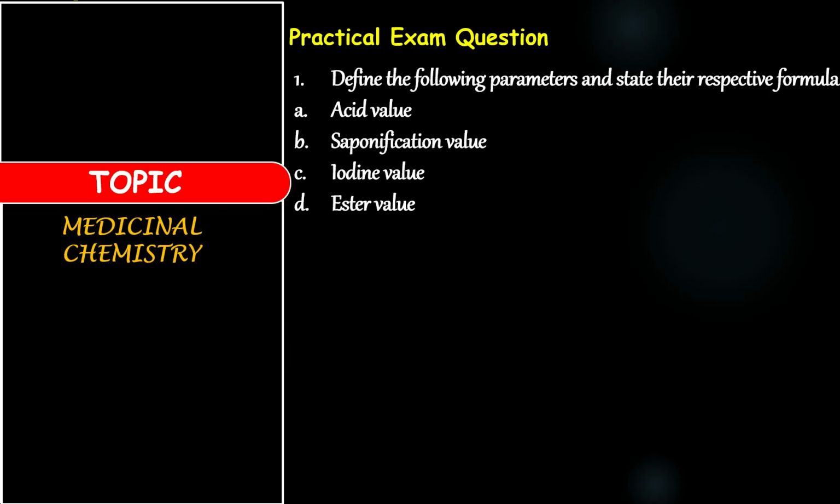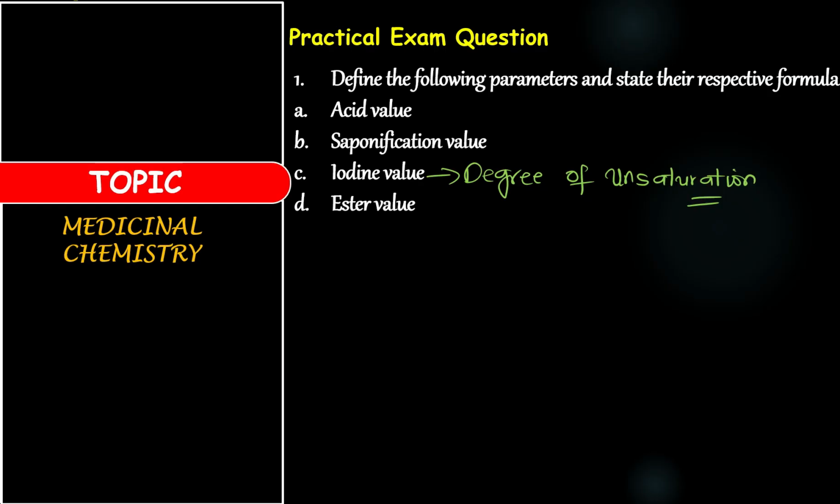Now, iodine value is used to actually look at the saturation, or the degree of unsaturation of an organic compound. Are you getting it now? It is used to determine the degree of unsaturation of an organic compound.